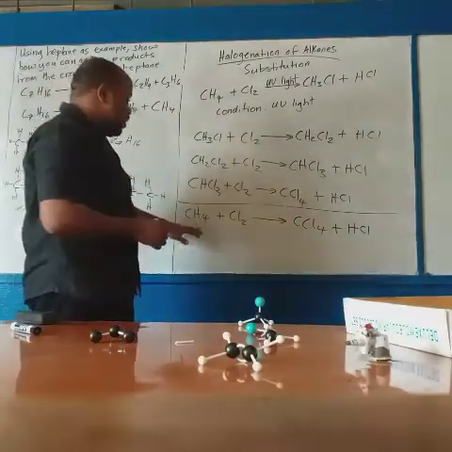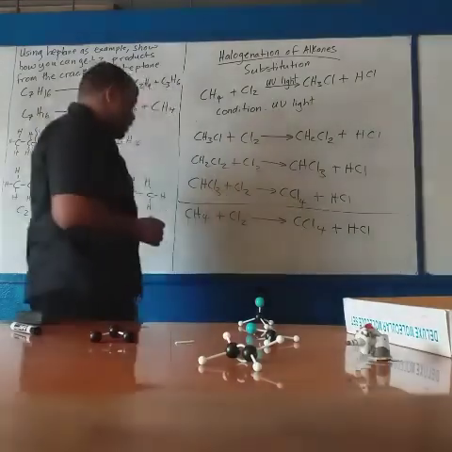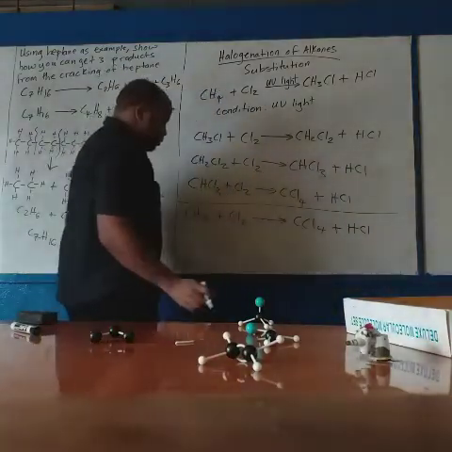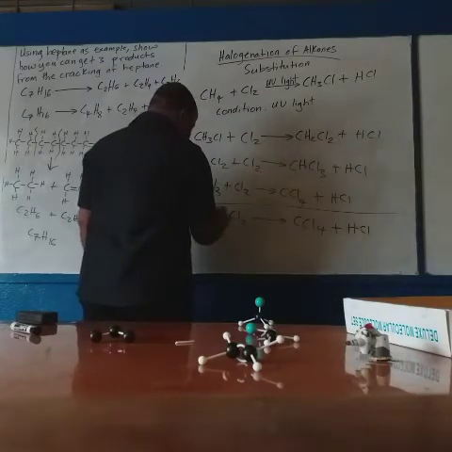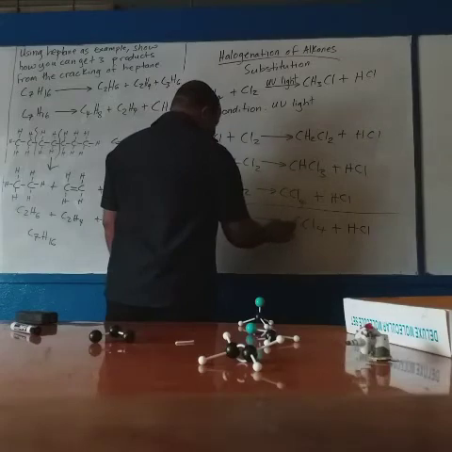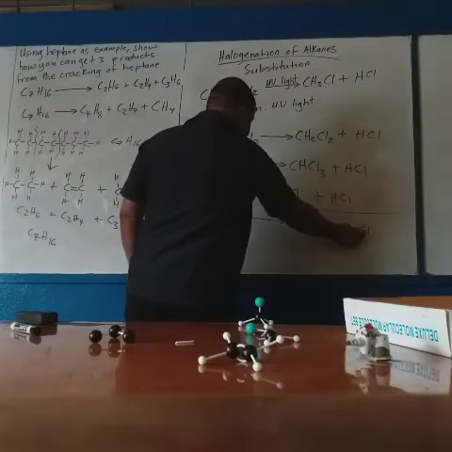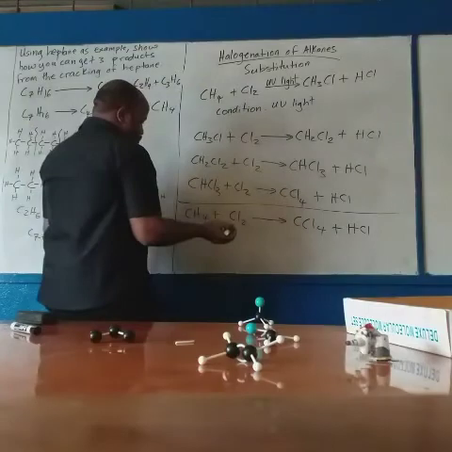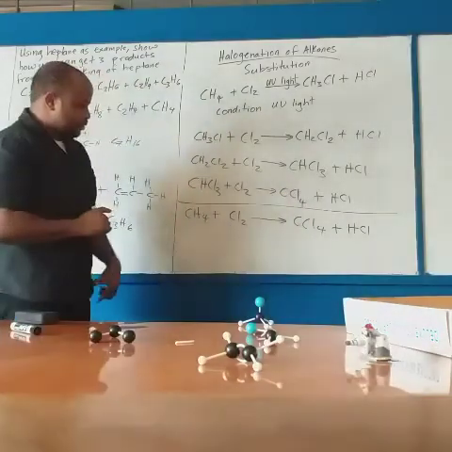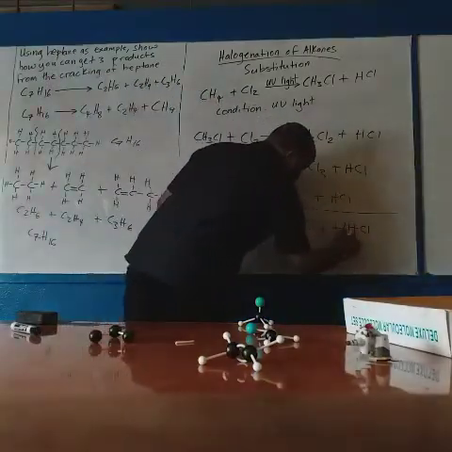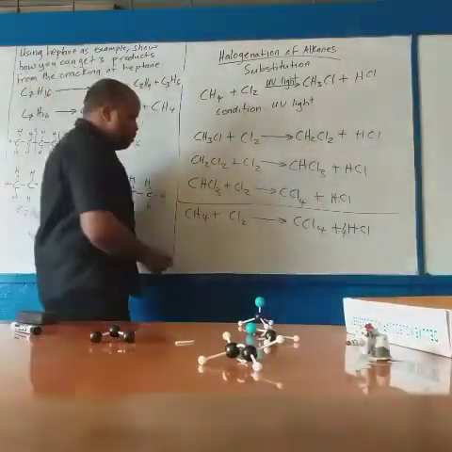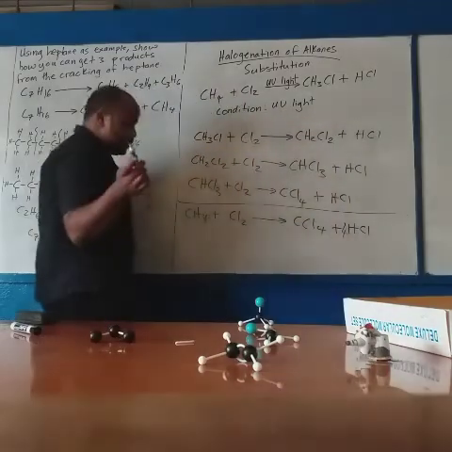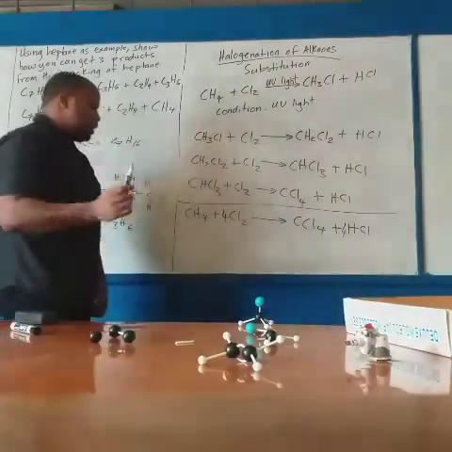So you have methane with chlorine, you get tetrachloromethane plus HCl. 1 carbon, 1 carbon. 4 chlorine is here. 4 chlorine plus 1, that would give you 5, but you cannot put 5, right? 2 times what is 5, it wouldn't work. So let's do hydrogen. 4 hydrogen here, we put a 4 there. Now, how many chlorine do we have over here? 4, and 4 times 1 is 4, 4 and 4 is 8. 2 times 4 is 8.